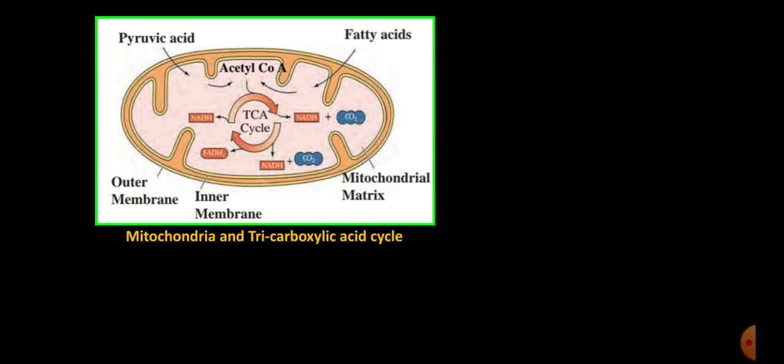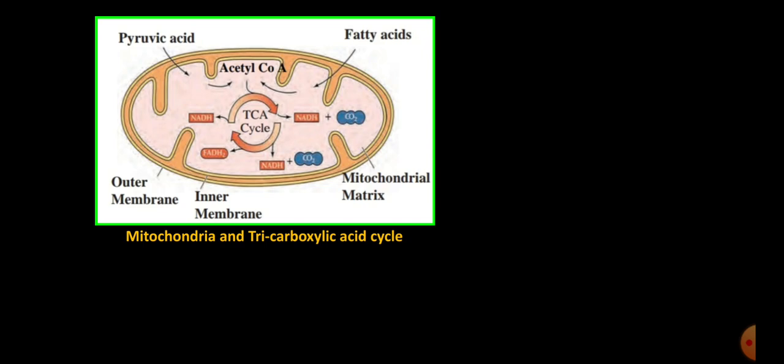Now, if you remember, what is the other name for mitochondria? Yes, it is powerhouse, because the extra amount of ATP which is produced in the body is stored in the mitochondria, and as and when we require extra amount of energy, we take the ATP in the form of energy from the mitochondria.